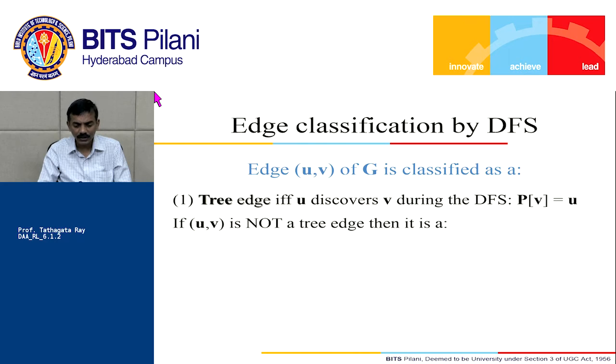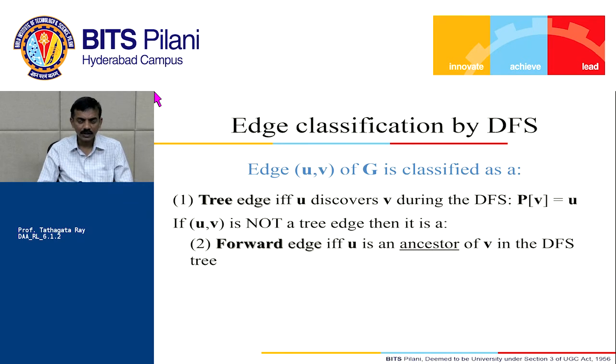If uv is not a tree edge, so there are edges in the graph, not all of them are tree edges. Some of these edges are called forward edges. When do we call them forward edges? If and only if u is an ancestor of v in the depth first search tree. So if in my depth first search tree there is an edge where u is an ancestor of a node v, then that particular edge of the graph is called a forward edge.